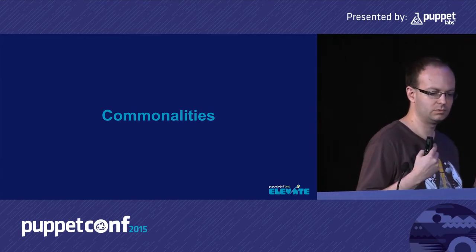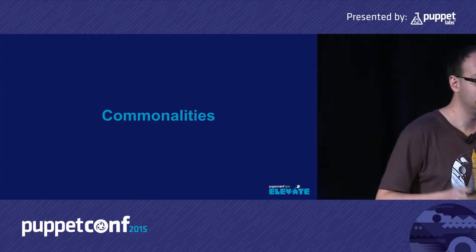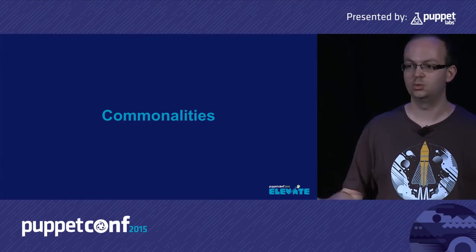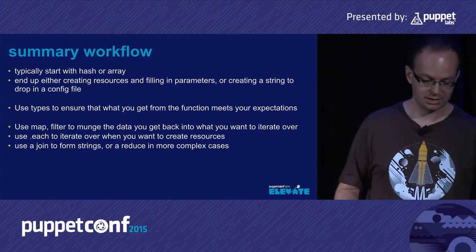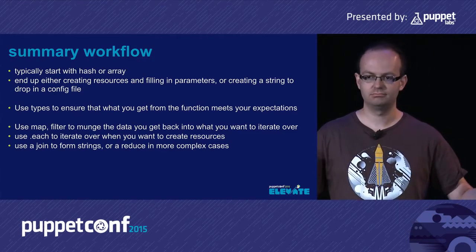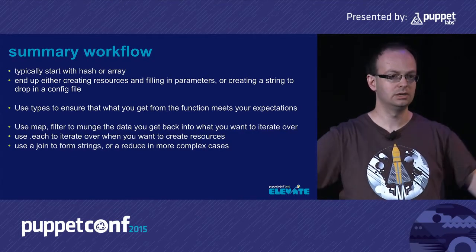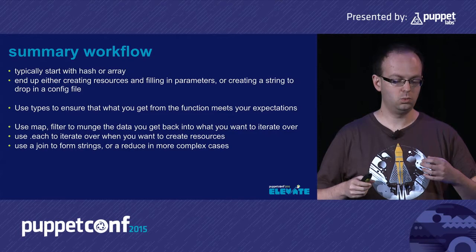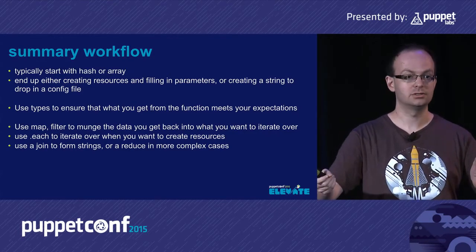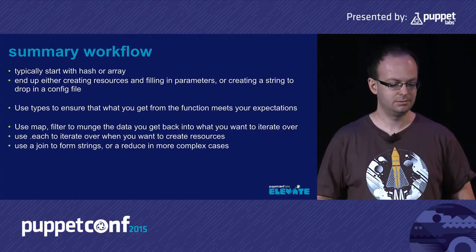So the commonalities here are really simple. From a programming perspective, these are super simple, right? There's no CS interest in this whatsoever. You start out with some kind of hash or array, whatever resource you're interested in, and I'm talking about resources across your whole infrastructure. At the end of whatever path that data takes, you are creating some resources in Puppet, or maybe you're creating a string to drop into a config file.